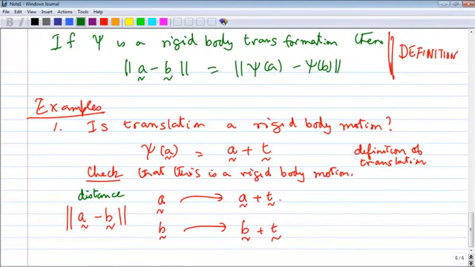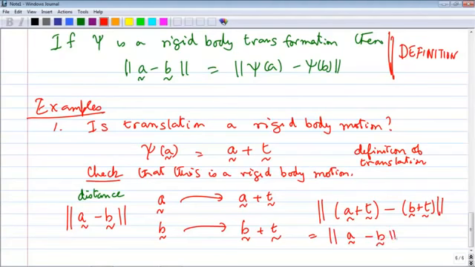And now let's figure out the distance between these two. The distance between these is going to be given by A plus T minus B plus T. Correct? And what is this going to be equal to? This is going to be equal to the distance, because the T's cancel out.